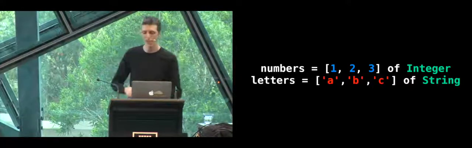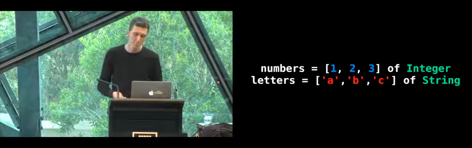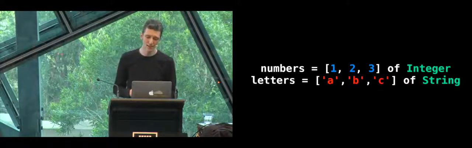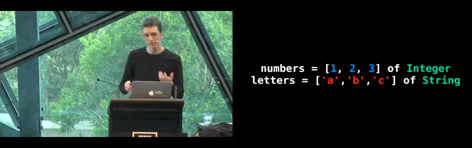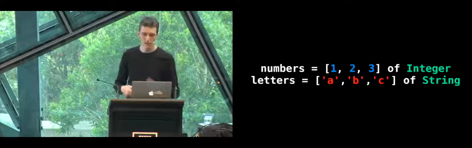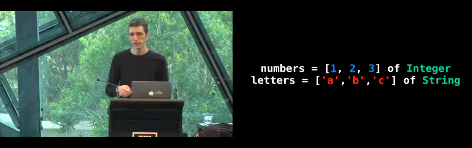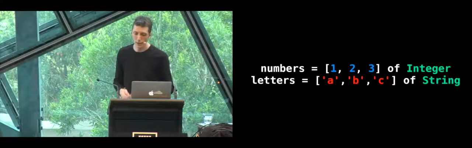I just made up some syntax for my proposed future programming language. This is how you would say an array of integers and an array of strings, and the programming language wouldn't let you append to that array something that is not of the correct type.